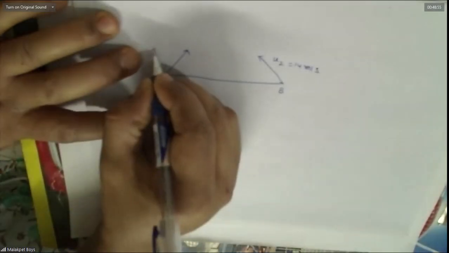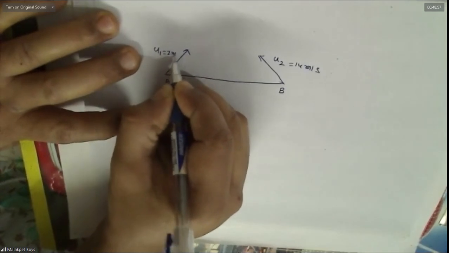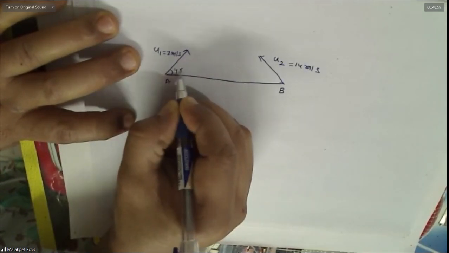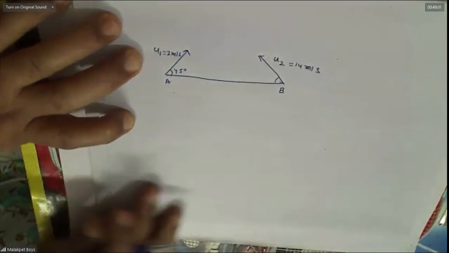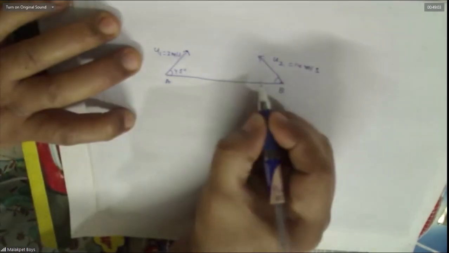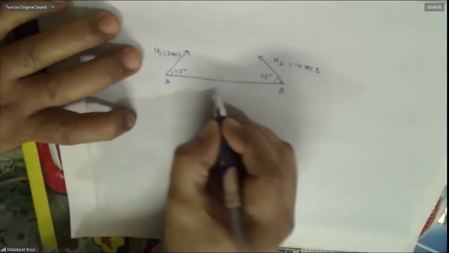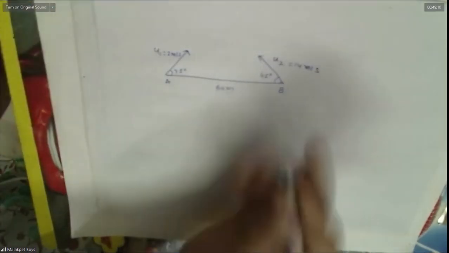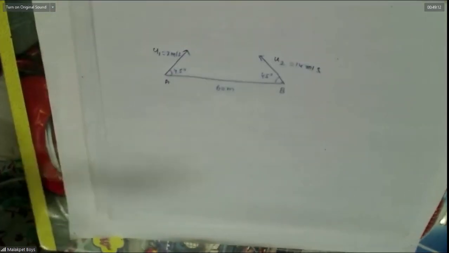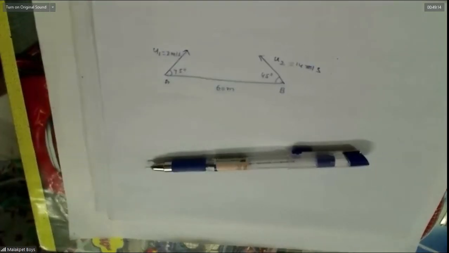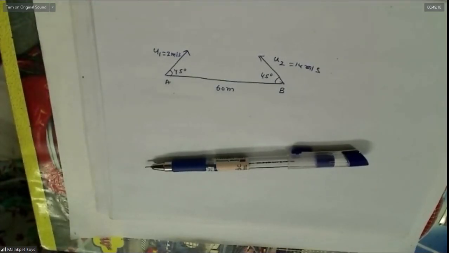And this distance is given, 60 meters. Now, usually for finding relative velocity, what we should do, we'll bring one particle to rest. Okay, one second, wait.